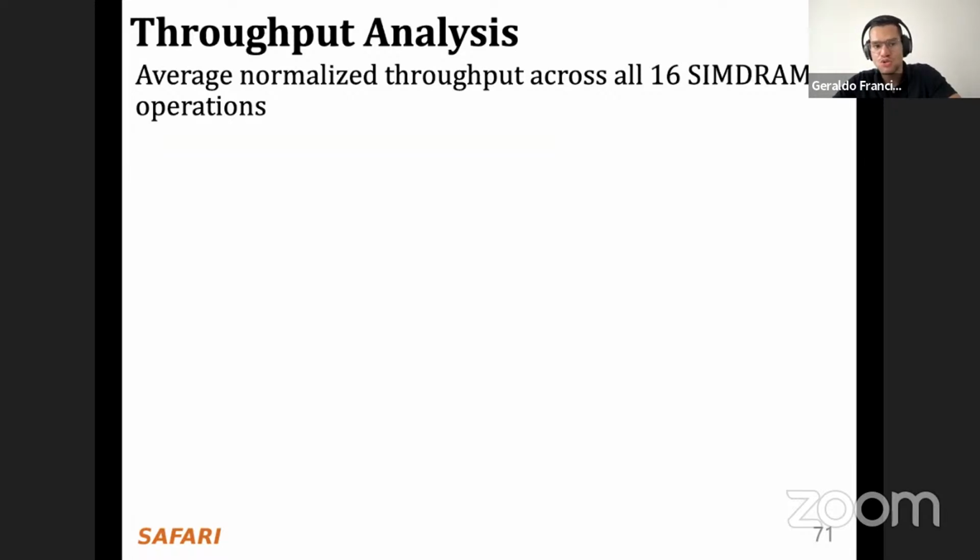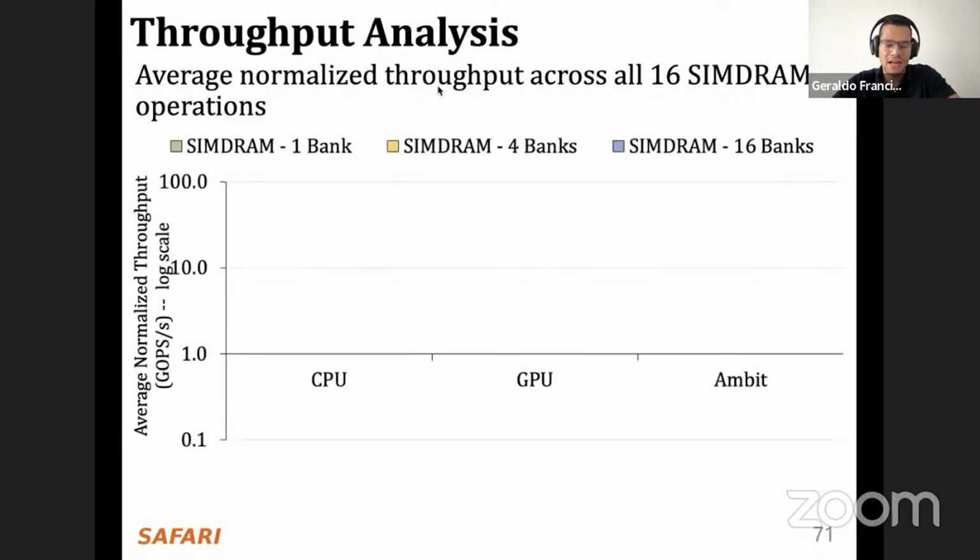So first, I'm going to show the throughput of the 16 SIMDRAM operations compared to those three different baselines. Here I have the average because there is a lot of data. We have the CPU, GPU, and Ambit, and on the y-axis we have the average normalized throughput, and the values are normalized to each one of those baselines.